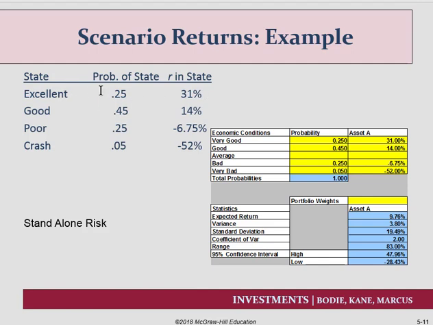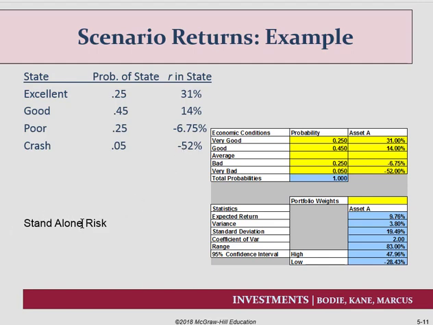So in this case, there's a 25% chance that an excellent economy happens. If an excellent economy happens, we expect to earn 31% on this investment. There's a 5% chance that a crash occurs. If a crash occurs, we expect to lose 52%.